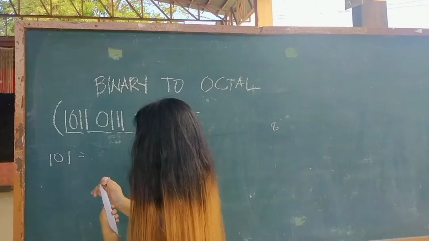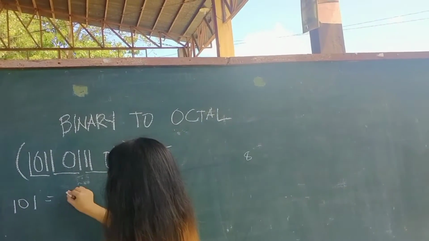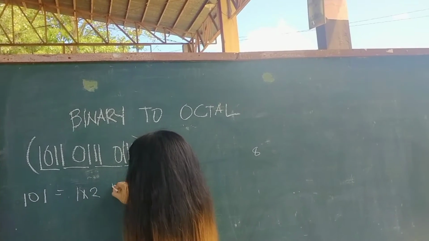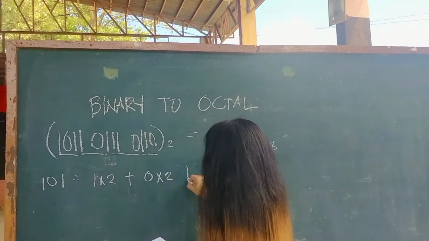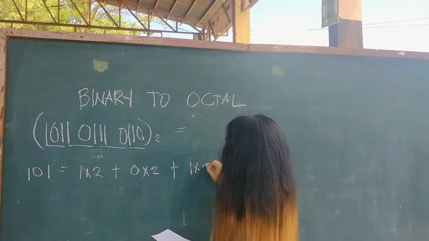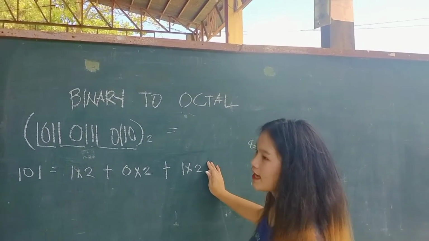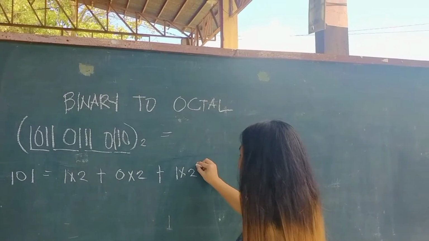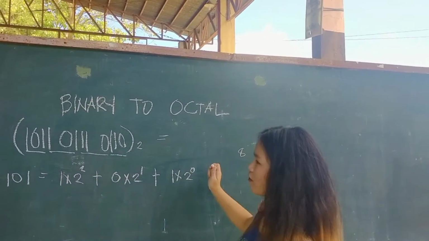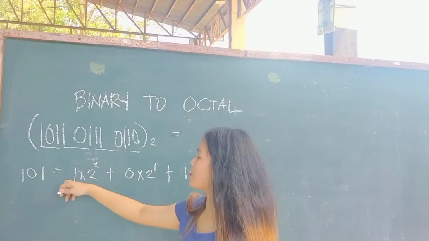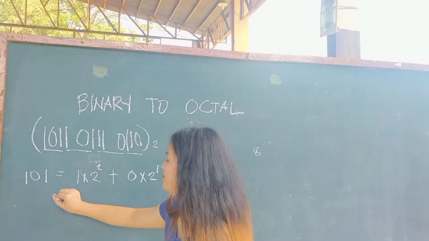So, 101 is 1 times 2 plus 0 times 2 plus 1 times 2, and we should put an exponent here: 0, 1, 2. You should write the exponents from right to left.